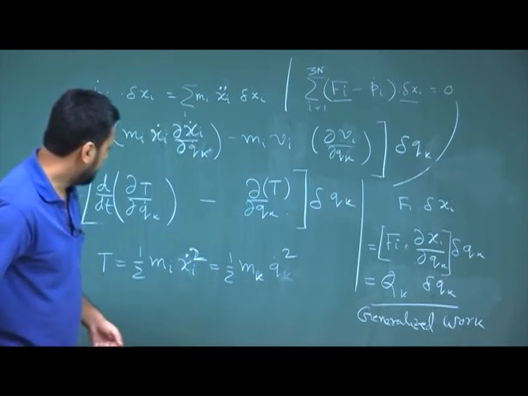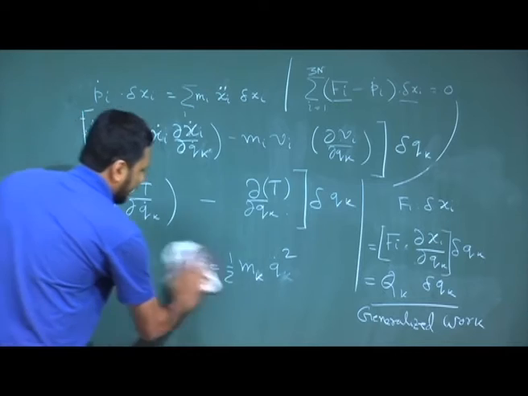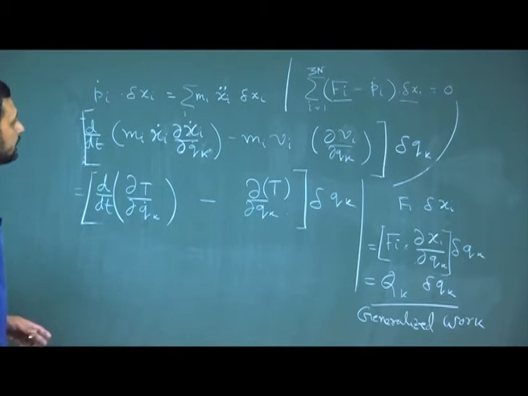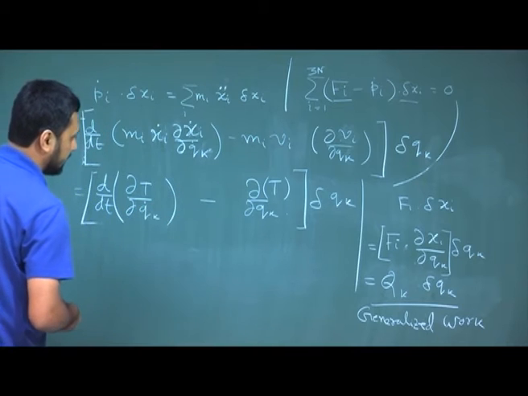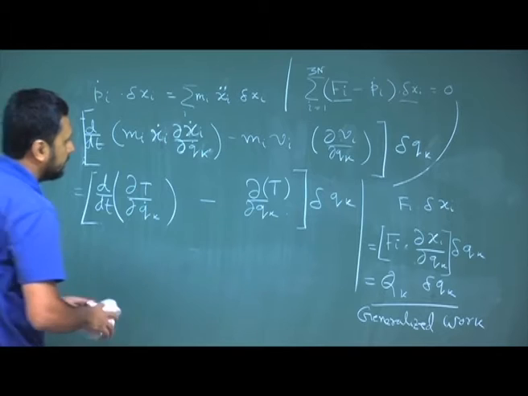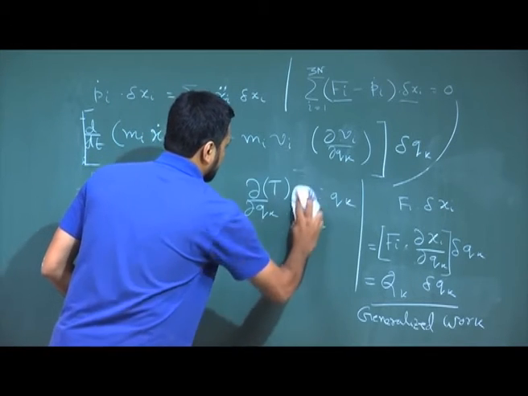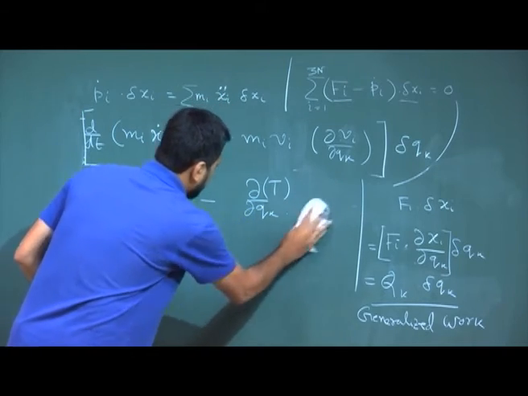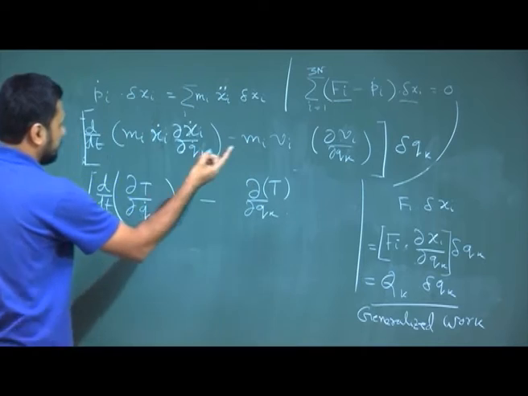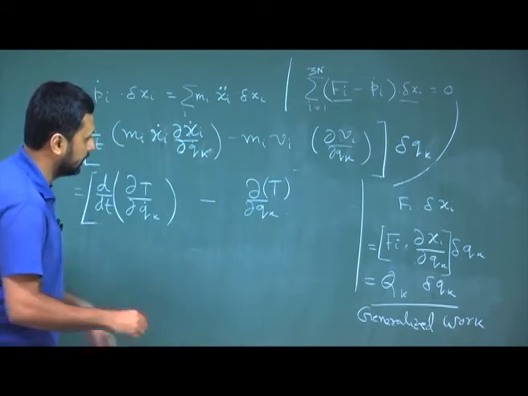Now, if this is my generalized force, I can add this term into this equation. Instead of closing the bracket here, we can add this term, which will be with an opposite sign, because there is a sign difference between these two terms.